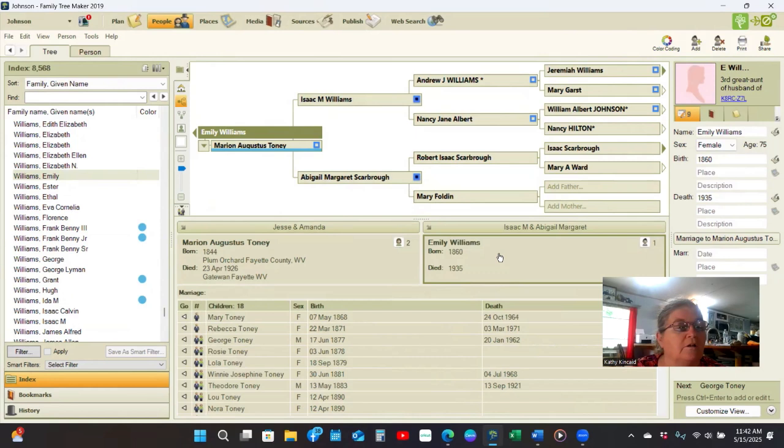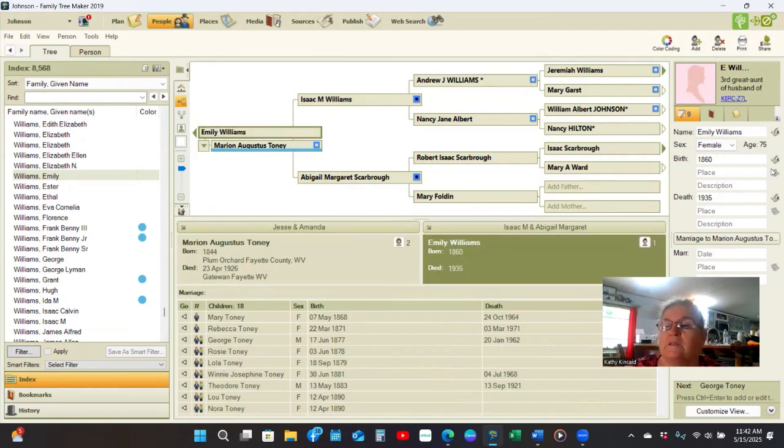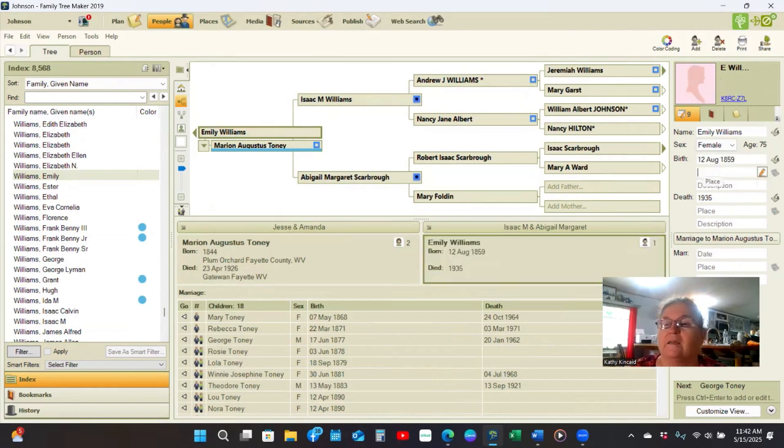She was born, let's see, it says she was born 8/12/1859. And since it was just generalized for the 1860, I'm going to change it. And this one says she died 5/6/1939. Okay. And she was married to Mary and Augustus Tony.